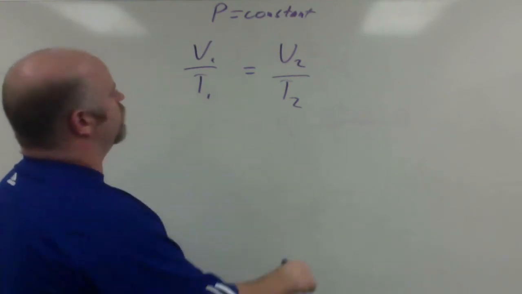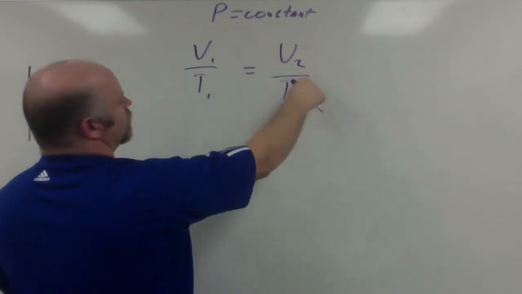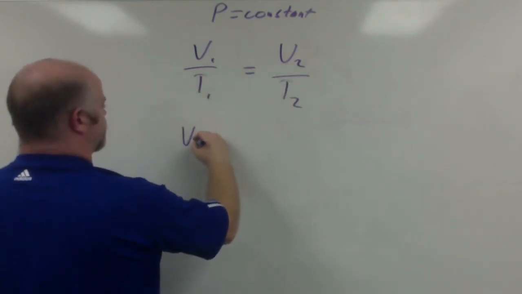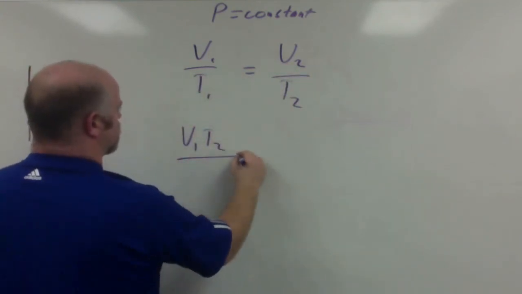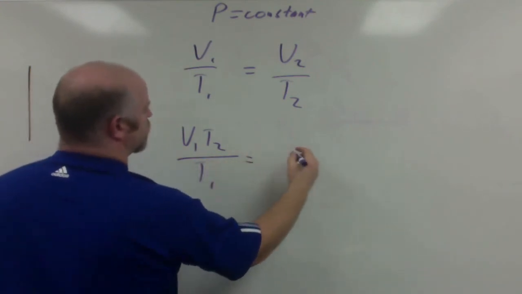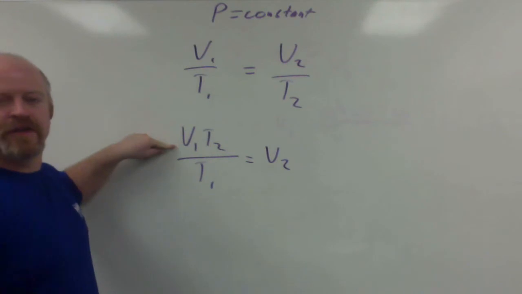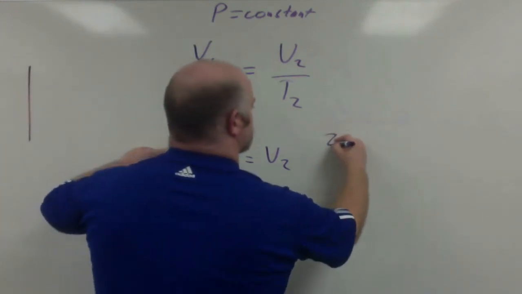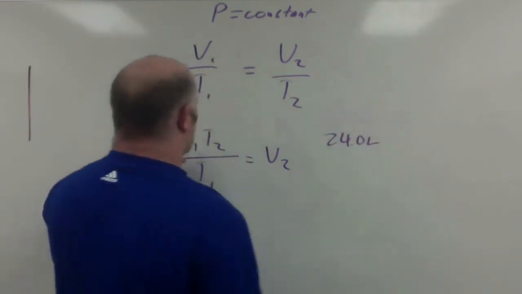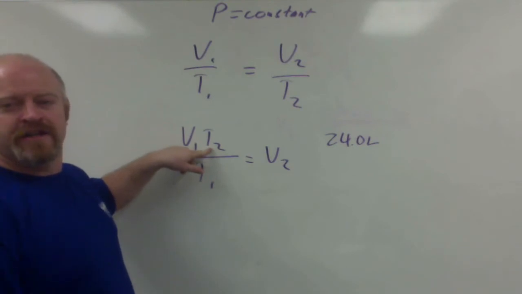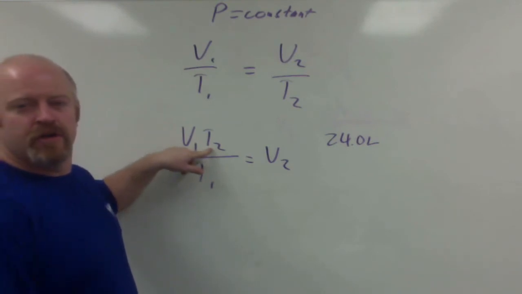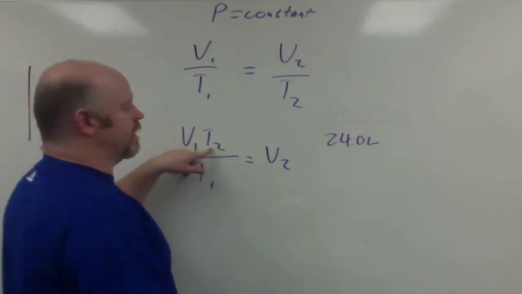So we're looking for this volume at 400 kelvins. So again, rearranging the equation, we have V1 times T2 divided by T1 equals the second volume. Our initial volume given was 24 liters. Our ending temperature is 400 kelvins.